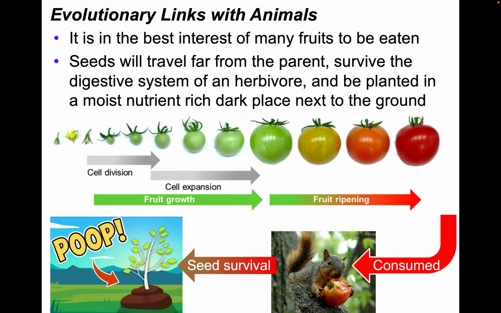In this diagram, I've got the fruit ripening from a flower that got pollinated all the way through a nutrient-rich, ready to go and presentable tomato to the animal that consumed it, swallowed the seeds, but then pooped out the seeds. Nice, dark, nutrient-rich, moist environment right next to the ground, ready for the seed to grow during the next good burst of solid temperatures that are good for growth.